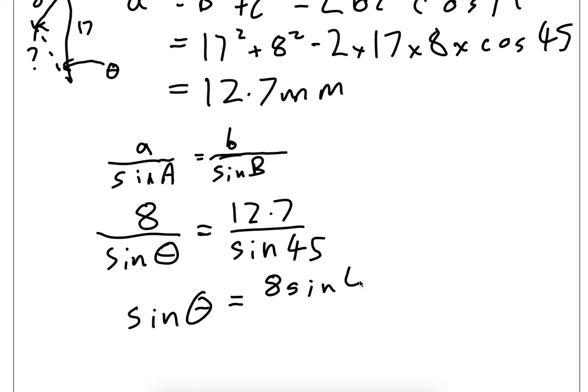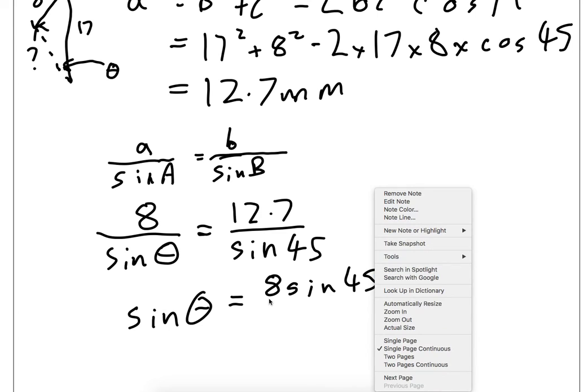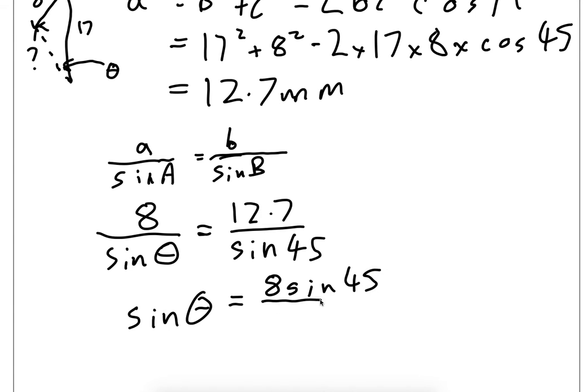I've basically just flipped both sides and then rearranged. And if we calculate that out, we get a number, and then we need to take the inverse sine of that number to find the value of theta. What students often do, and sometimes teachers do, is just put an equal sign there, and so they would have sine theta equals the final answer, which is 26.4 degrees.